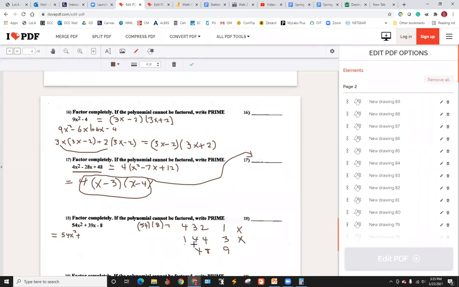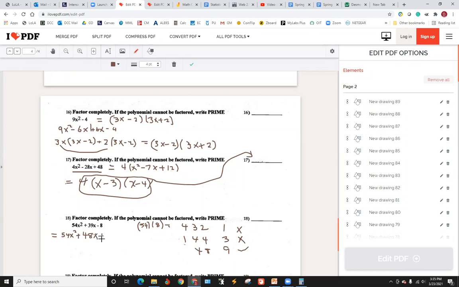So that's how I was able to take that 3 out, put it there, multiply it times the 1, and then 3 goes into 144, 48 times. And that gave us the one we needed. I'm going to have to remember that. Like I said, it just occurred to me to start doing it like that. And I like that a lot better.